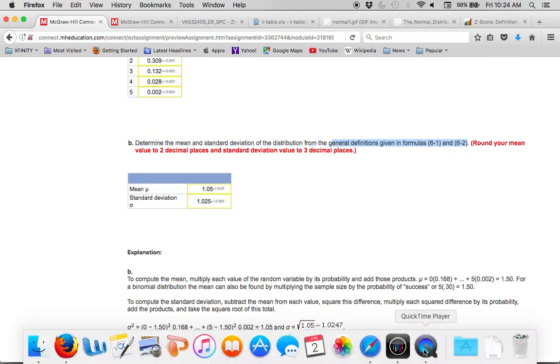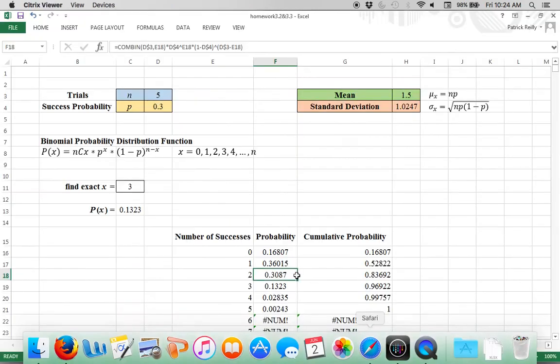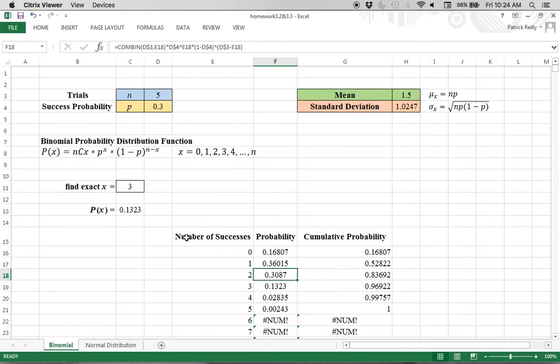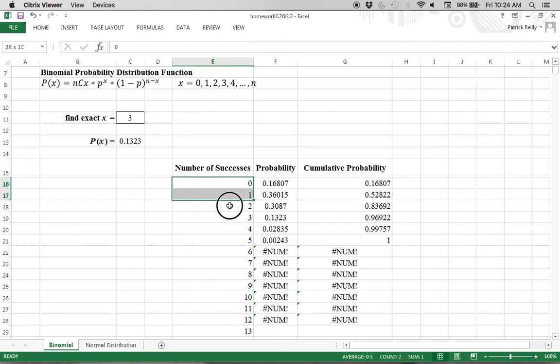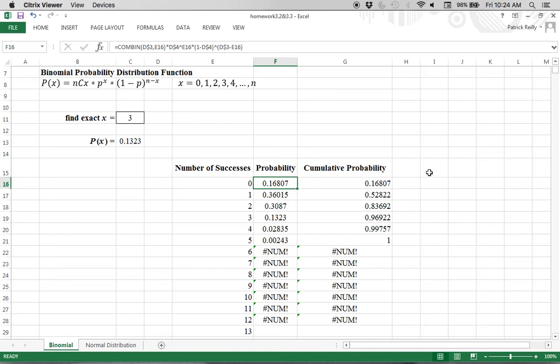So to review, the general definition would be a weighted mean, right? So the number of successes times its probability. All right, and we just add all those up, and we'll get the answer. So why don't we make a column here?